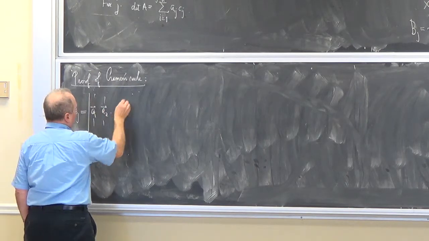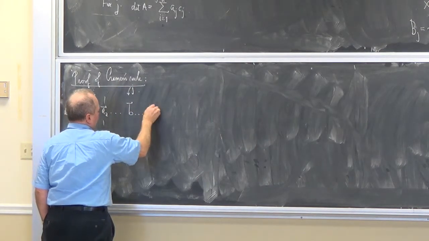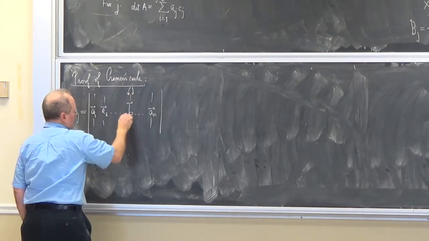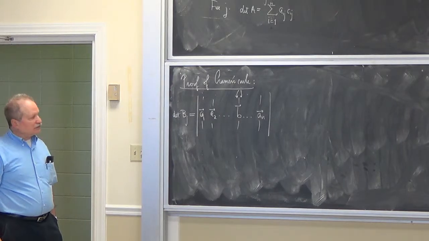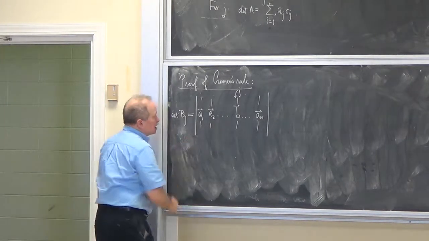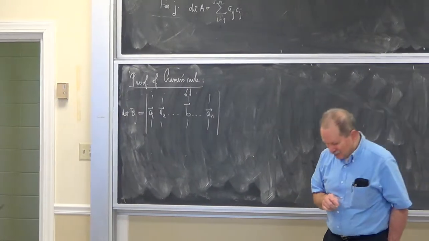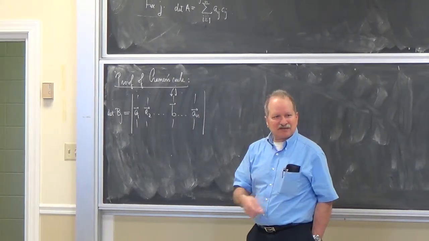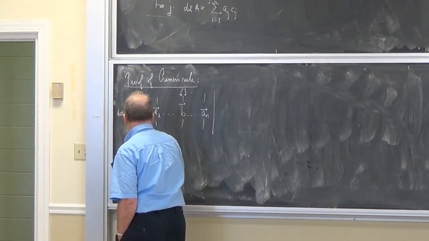So in the jth column, I'm going to put the vector B, and then I'm going to go on my merry way and put the rest of the columns of A. Okay. But what's B supposed to be equal to? It's supposed to be AX. And we know there is such an X because of the theory we did last semester. So I'm going to put in AX here.